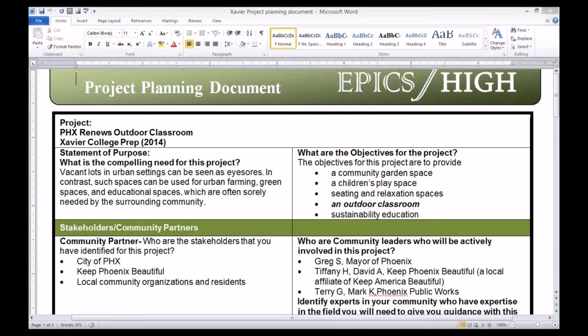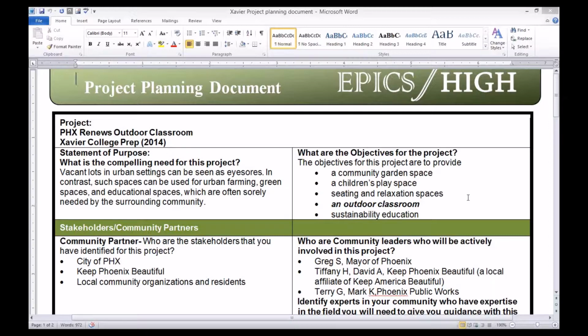Yeah, that's exactly it. They have not created all of this yet. If I remember right, they've been at this 3 years. They've done an outdoor education piece, the sign, and seating.